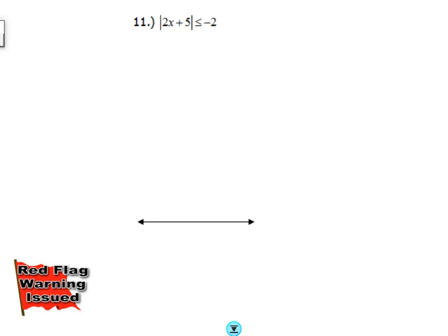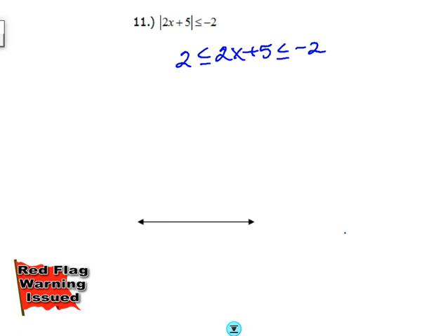All right, absolute value of 2x plus 5 less than or equal to -2. Well, you see a negative there, so maybe say, well, something weird might happen again, something unusual. All right, less thans are ands. So the typical way we do a less than question is we sandwich it in between the original and the opposite.